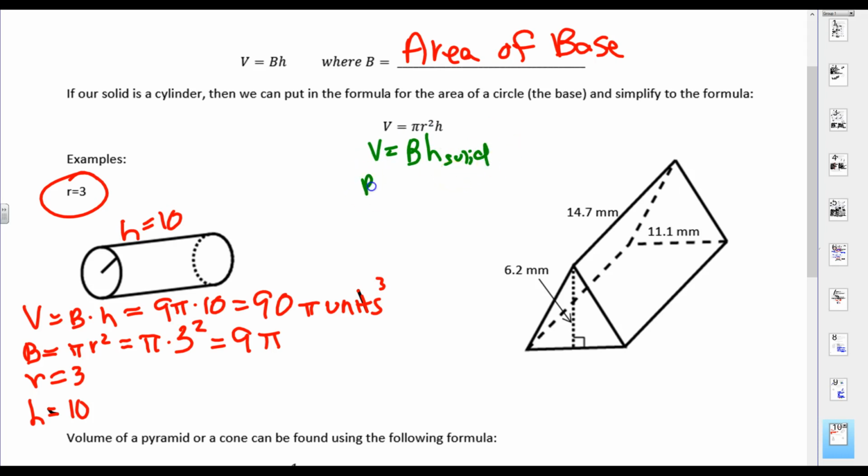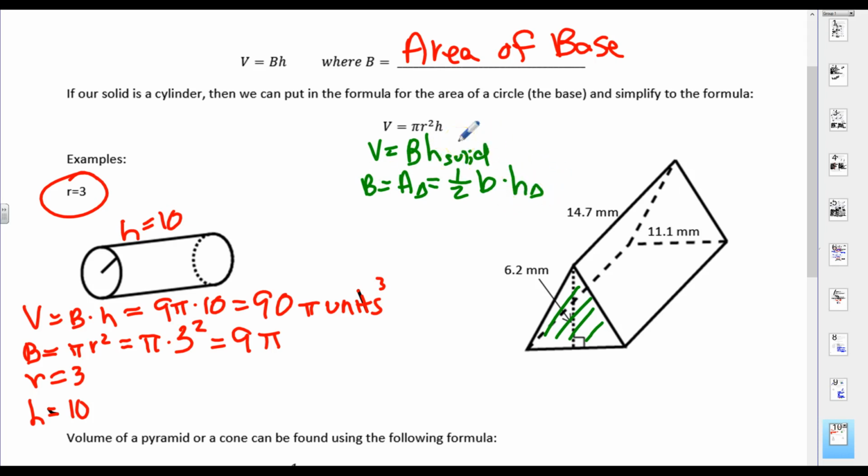Your base area here is actually the area of a triangle, because the base on this triangular prism is in fact that triangle. It's what we name it after. It's not what it's resting on. So that's 1/2 the base length of the triangle times the height of the triangle. And again, this is different than capital B, and this height of the triangle is different than the height of the solid.